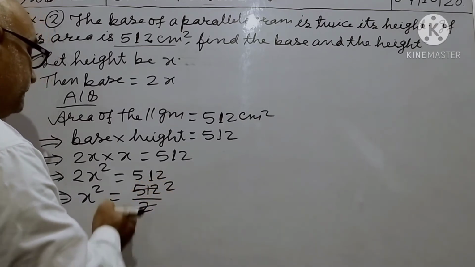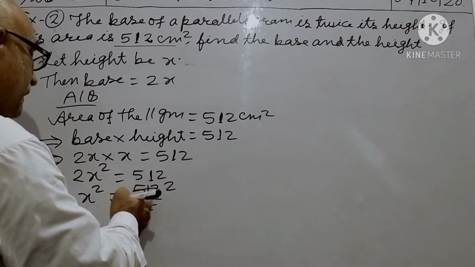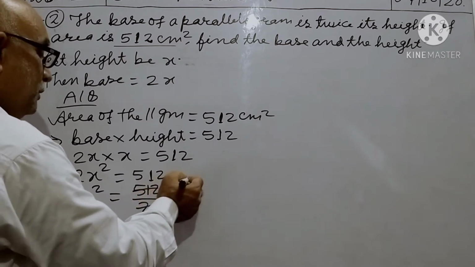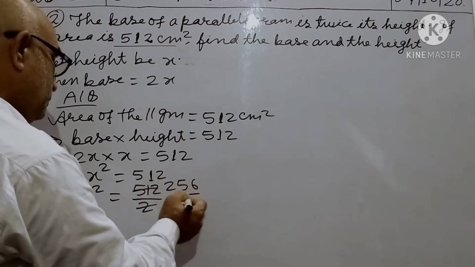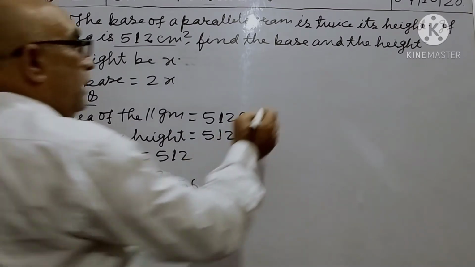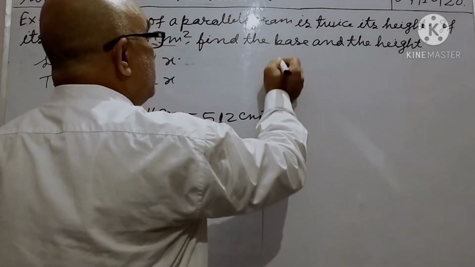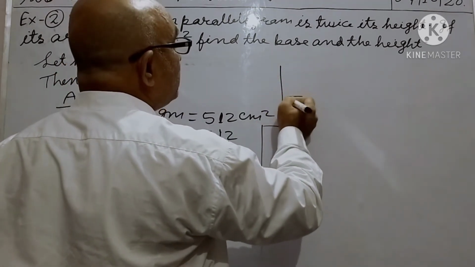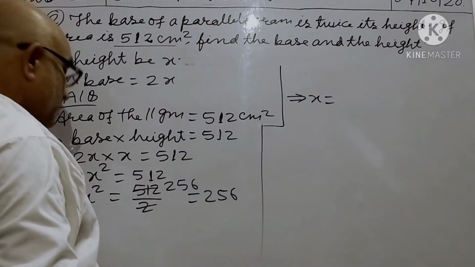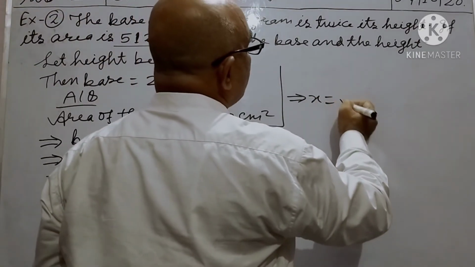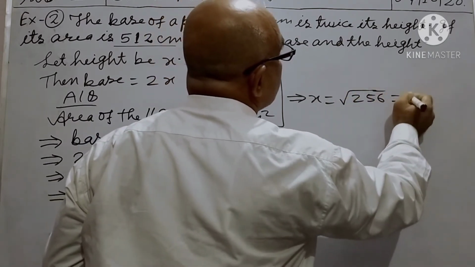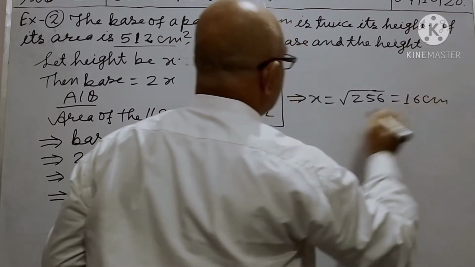512 divided by 2 is 256. That implies x square equal to 256, so x equal to under root 256, that means 16 cm.